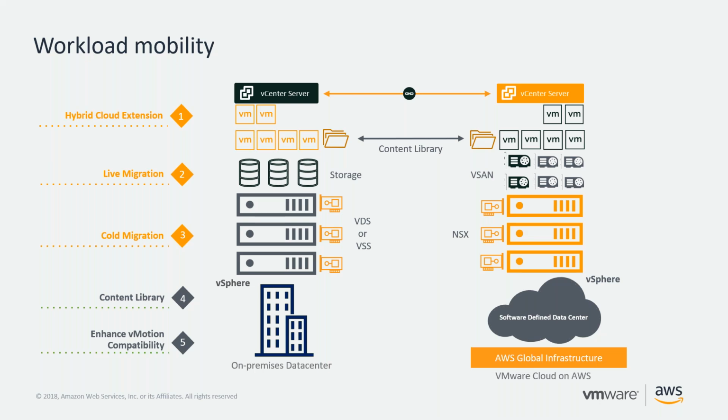EVC, enhanced vMotion compatibility. So EVC is what is used when you have different processors from different families or generations, and it finds the lowest common denominator to run across the board for the virtual machines. Now, up until now, EVC was something that you had to set at the cluster level, meaning that if you had to accommodate for 1 or 2 virtual machines that were on a different CPU set, or an additional host, it's affecting the entire cluster.